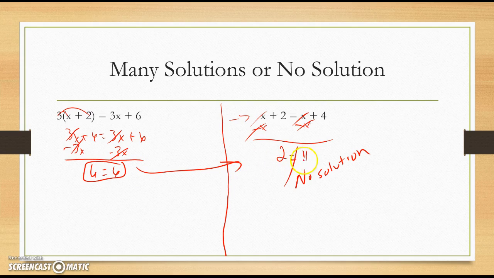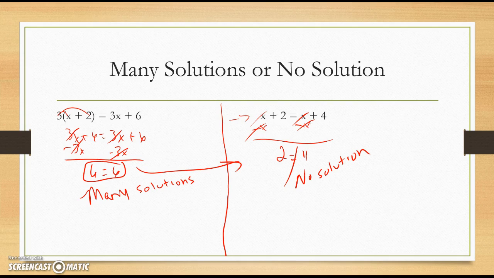We know 2 does not equal 4, but 6 does equal 6. So when it does have 6 equals 6, we're going to call this an identity. Okay, and we're going to say that it's many solutions. So it's an identity, many solutions, 6 equals 6.